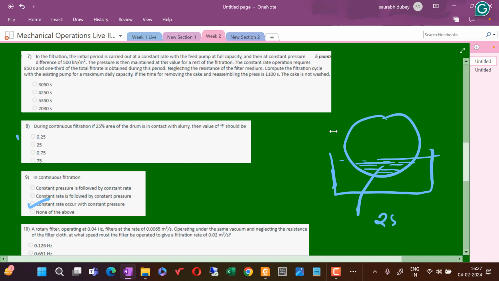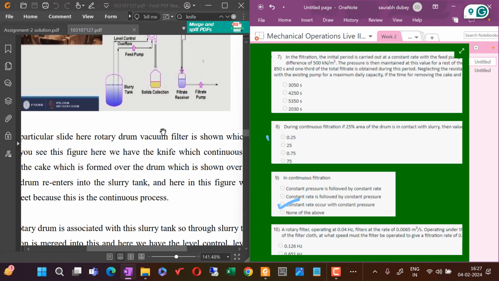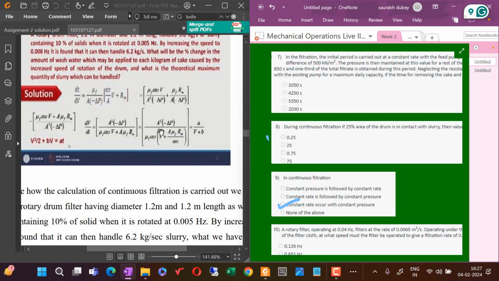In this case, 25% is in contact with it, then this F will be what? This F will be 0.25, and this F is here. It is well explained in the lecture.